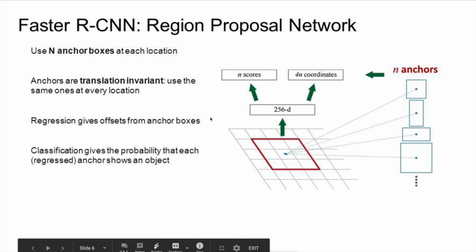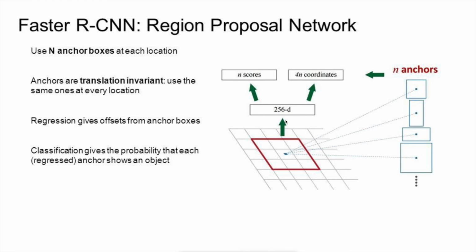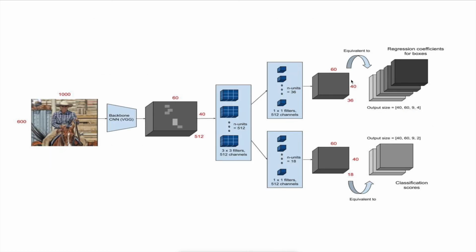Then the output of this region proposal network is n scores and 4n coordinates. Here n is equal to 9. So 9 into 2 is 18, and 9 into 4 is 36 coordinates. How the calculation maps to classification and to predicting the bounding box, the next diagram will show.